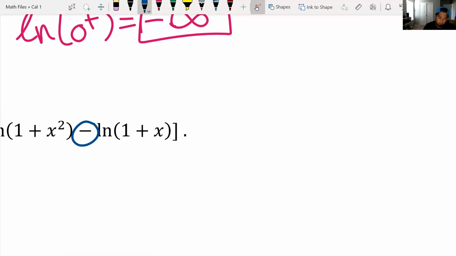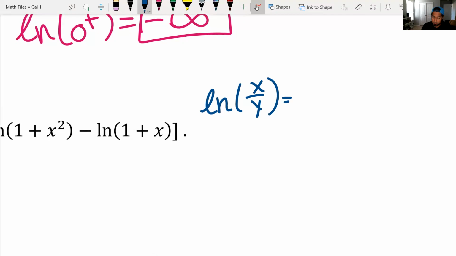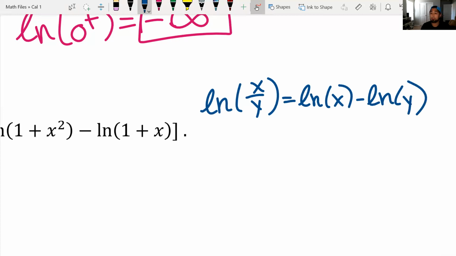we see that these two logs are connected by subtraction. So if you remember your quotient to difference property, this means that we can rewrite this expression as one single term. So for my log property, if I said natural log of x over y, remember that this can expand into the natural log of x minus the natural log of y.